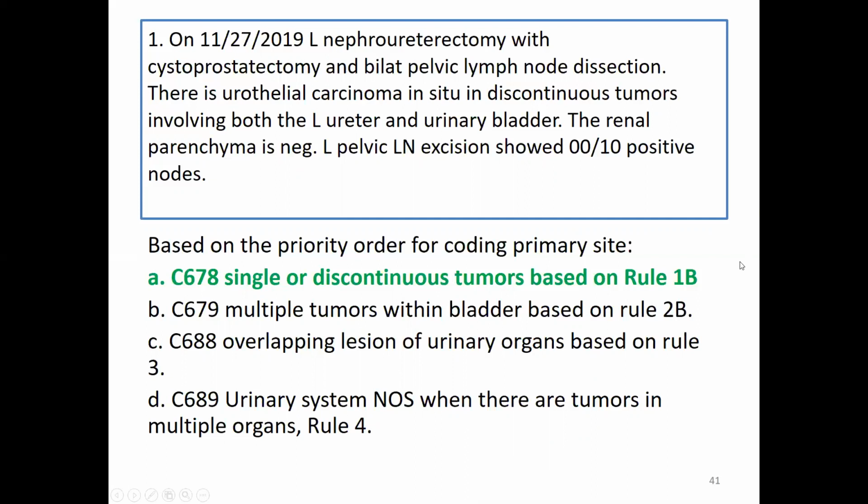And Rule 1B pertains to this exercise. We do have a single in situ tumor, but we also have discontinuous tumors in the left ureter and the urinary bladder. So the correct answer is A. We would code primary site to C678 based on that Rule 1B.